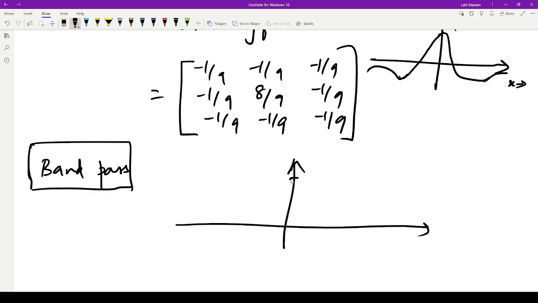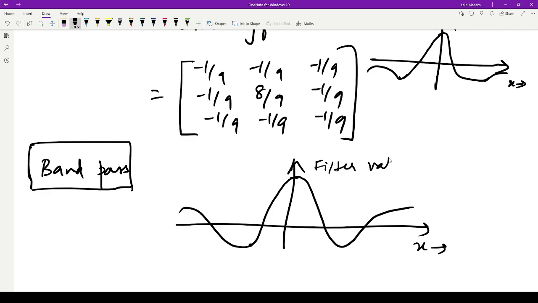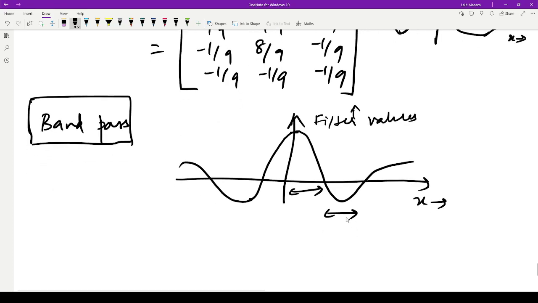Given this, it will look something like this. It's not an exact function, I'm just drawing it for illustrative purposes. Again, this is x and this is the filter value. This part helps you get the low frequency component, and this part helps you get the high frequency component, since you're subtracting these two parts. So in effect, it's cutting some part of the low frequency and some part of the high frequency.